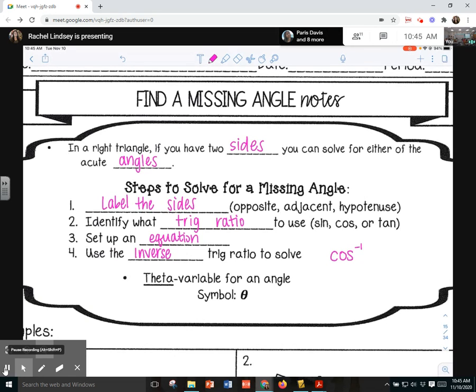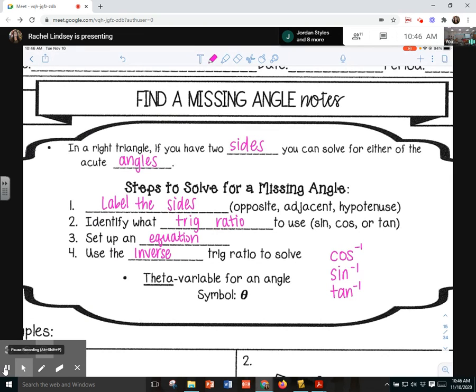Sine to the -1 cancels out sine. And tangent to the -1 cancels out tangent. Those are called cosine inverse, sine inverse, and tangent inverse. That's what the little -1 is. Those three things undo the functions.